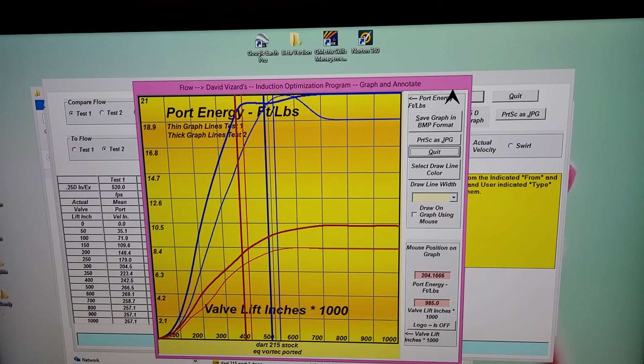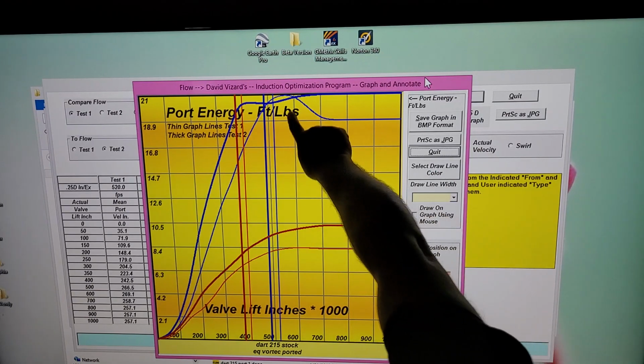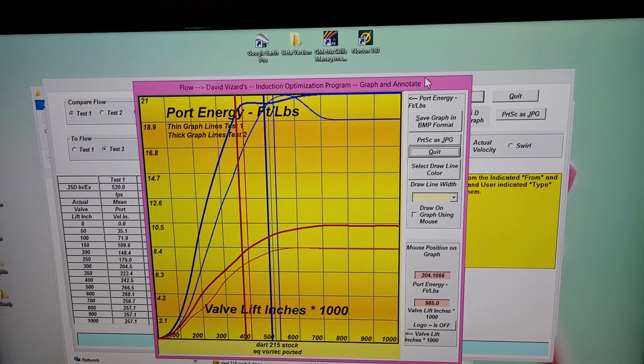When we have high port energy, that's going to cut back on our reversion, and the more energy the column of air going through the intake valve has, the more it can fill our cylinder. So if you take a look at this, the only place the 215 beats us is a little bump at like 550 lift. Other than that, our intake completely dominates it in port energy, and our exhaust is even better.